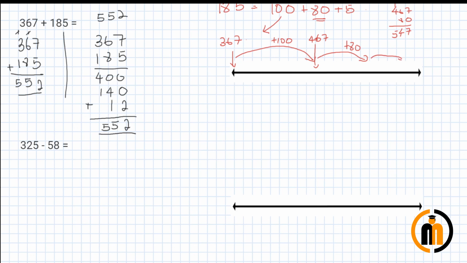So 547 plus 5, you get the same thing, 552. So now you know the position on the number line where it would be. Now I'm just showing you how it increases.